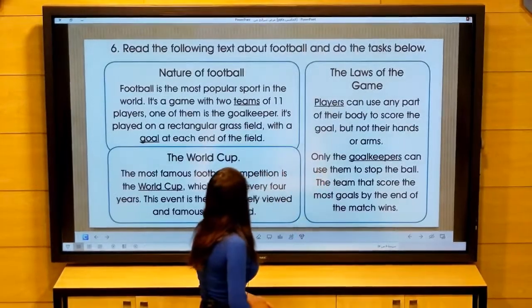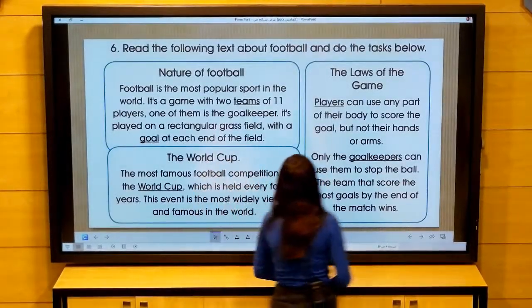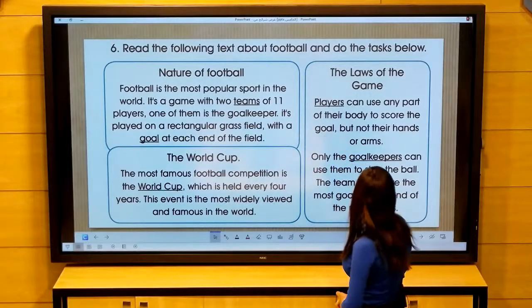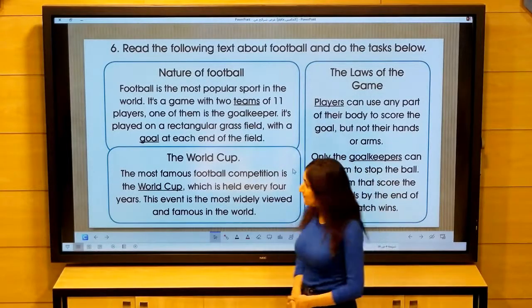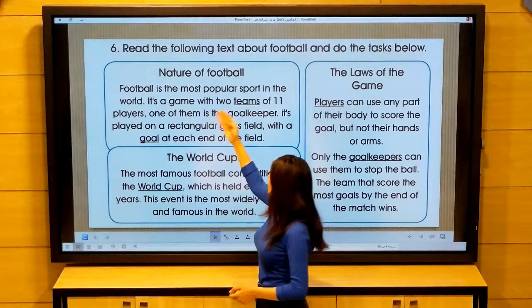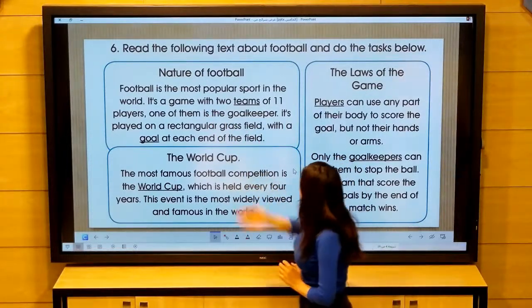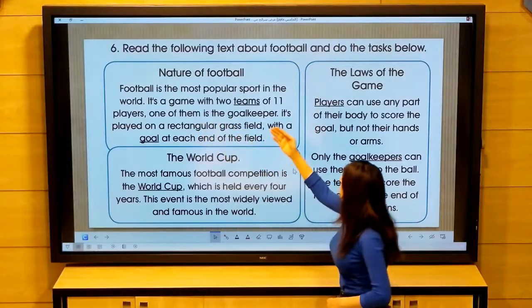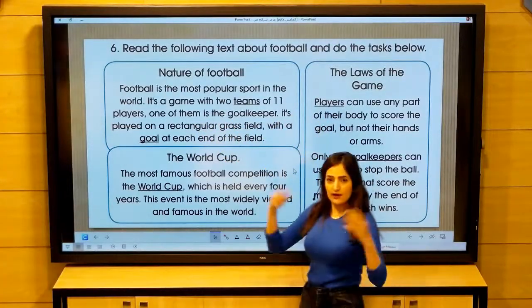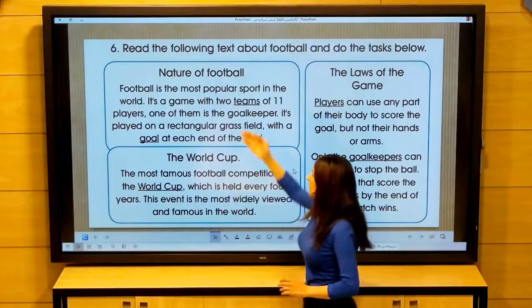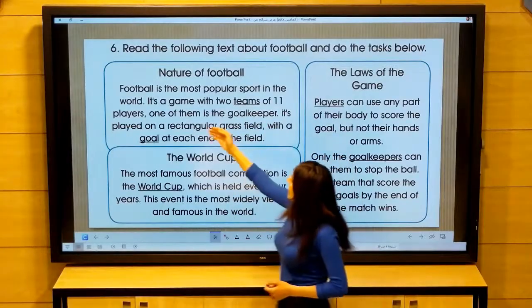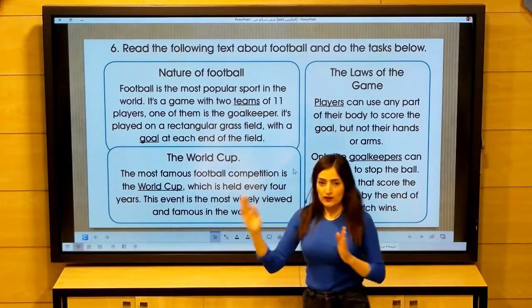Now, read the following text about football and do the tasks below. We will talk about football. Our sport is football. Football is the most popular sport in the world. It's very famous. It's a game with 2 teams.